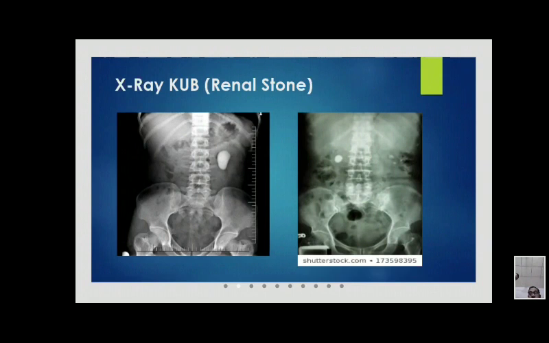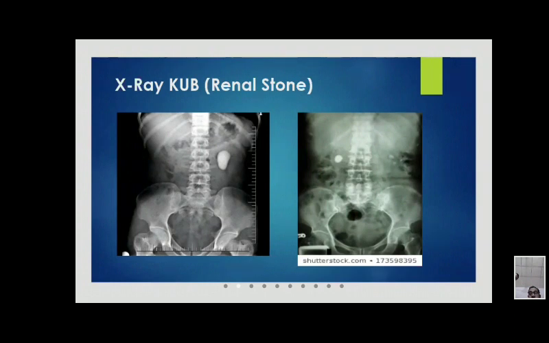So what are the other investigations for the stone before surgery? Ultrasonography of the KUB region to see the size of the stone, number of stones, location of the stone, condition and parenchymal status of both kidneys.